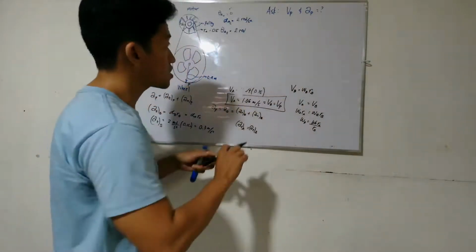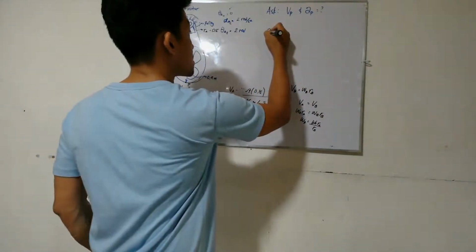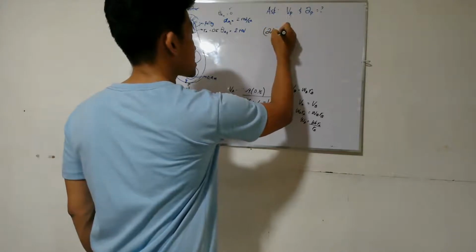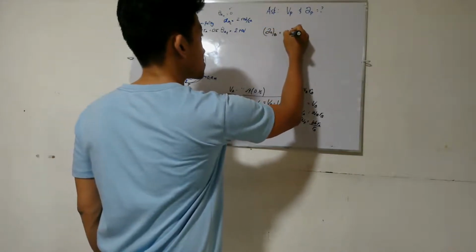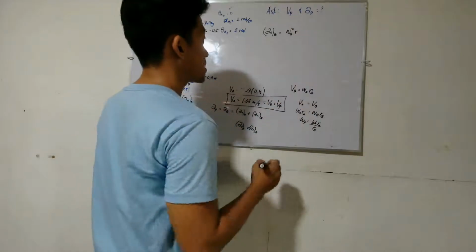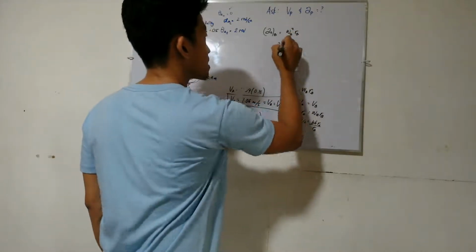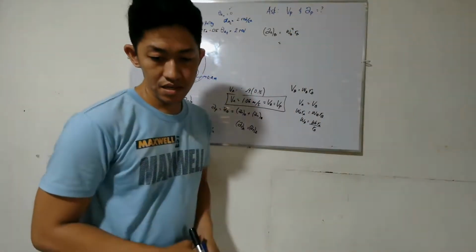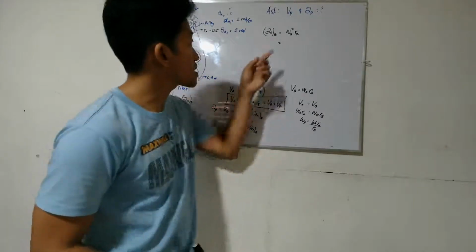The normal acceleration of point B is just omega B squared RB. So what is omega B?